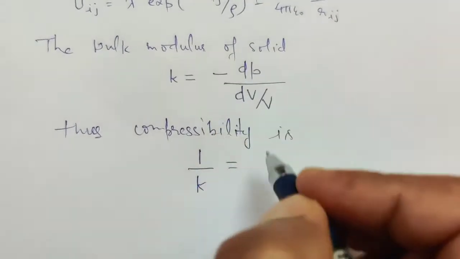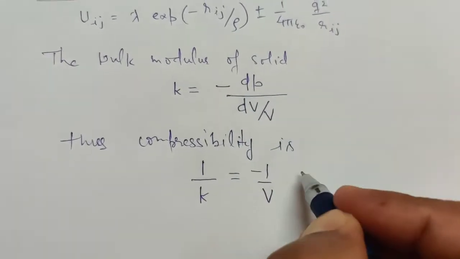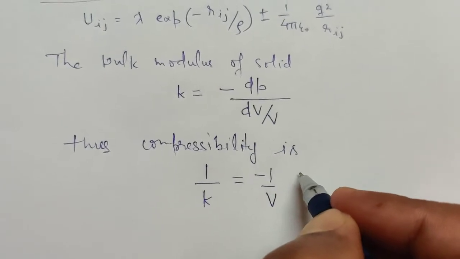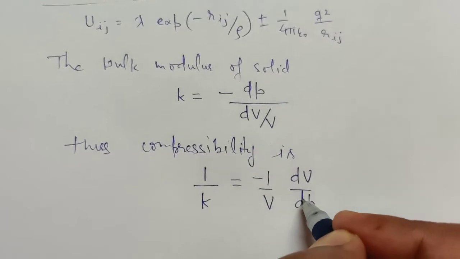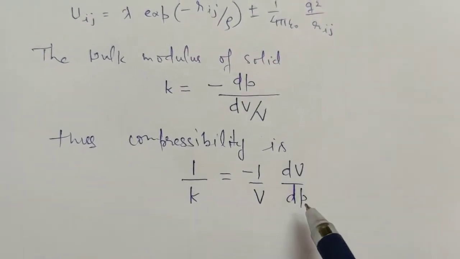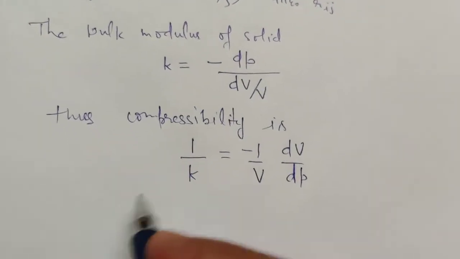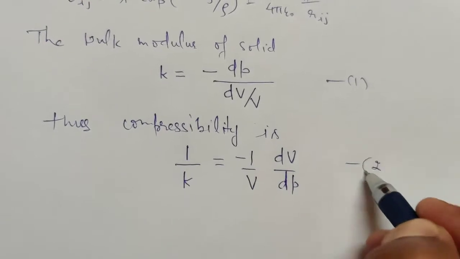So this will be minus 1 by V times dV upon dP, that is, the rate of change of volume with respect to pressure. Suppose this is equation number 1, and this is equation number 2.